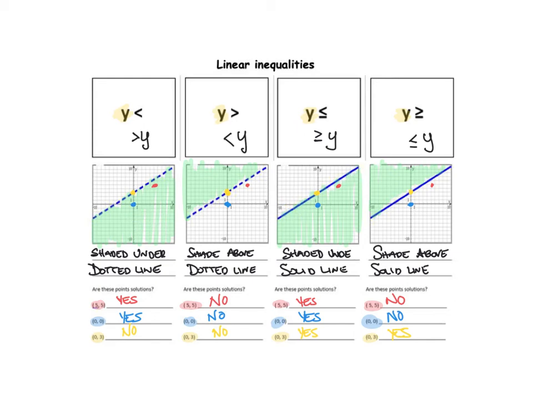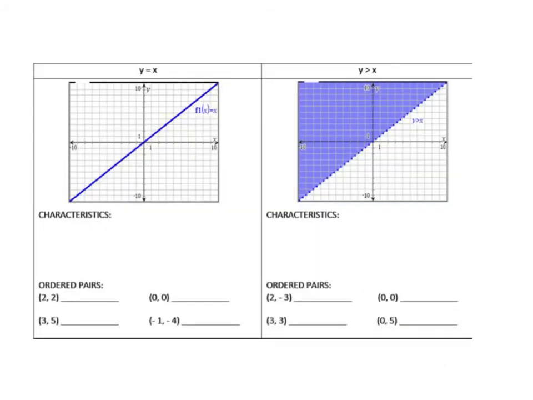So this is the general idea, but what's going to happen when we have an inequality, such as this? I want you to understand the difference between having an equation, an equal sign, and an inequality, like this one. I just chose greater than just for this example. The biggest difference is that here, when we have an equation, we have a solid line, and only a solid line.